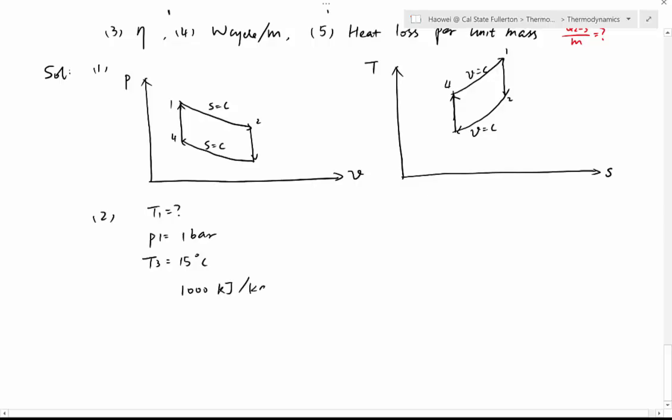What is this? This is the amount of heat released by combustion per unit mass. Combustion process is 4 to 1, so it must be Q41, and then per unit mass, so divided by mass. So this is 1000 and it should be Q41 per unit mass. This is what we have and we need to find T1.